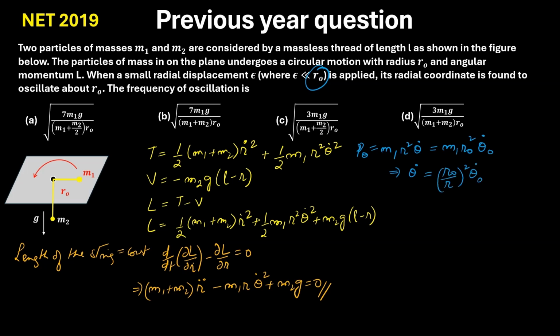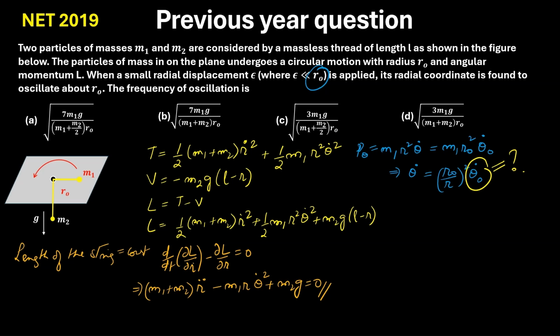Now again, the problem here is I don't know theta naught. To find theta naught, I can consider the equilibrium condition. In the equilibrium condition, the centripetal force will be balanced by the weight.